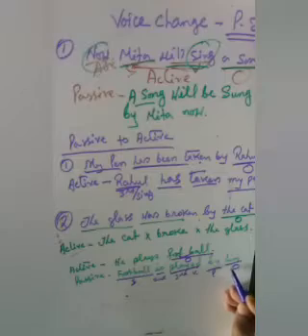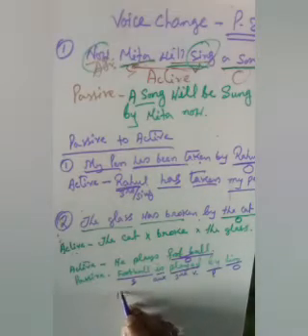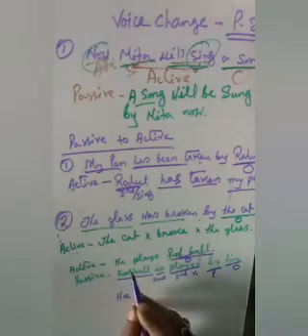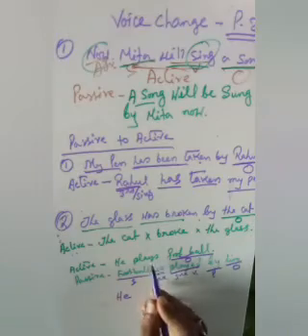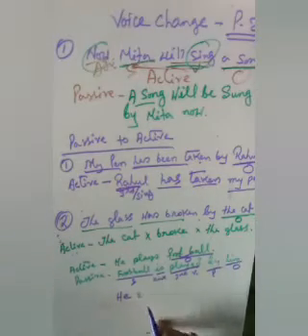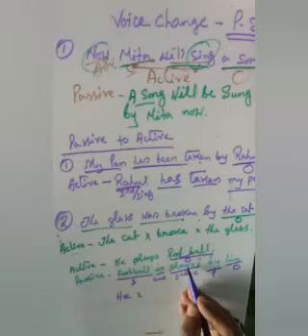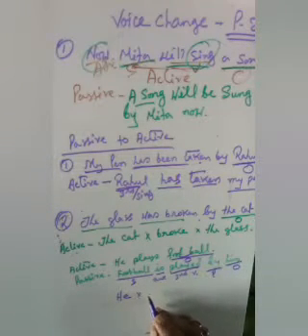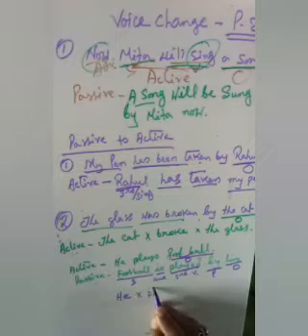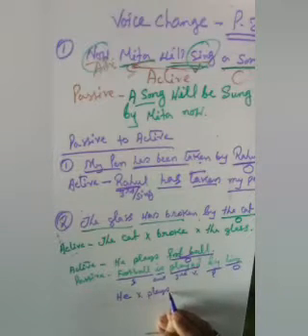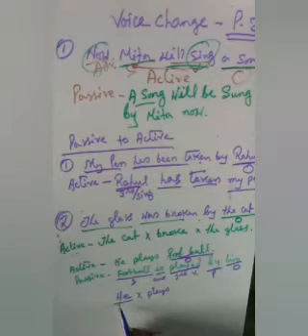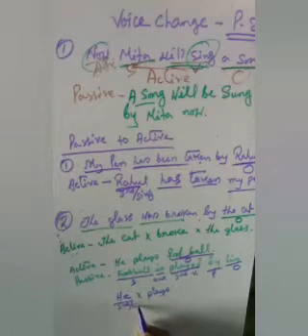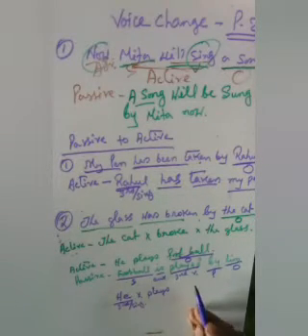How? Let us see it again. Him will be he. As it is in present indefinite tense or present simple tense, no need to use auxiliary. Then the original form of the verb, the first form of the verb, is used. So Rahul plays. S will be used as the subject is third person singular number, present indefinite tense.